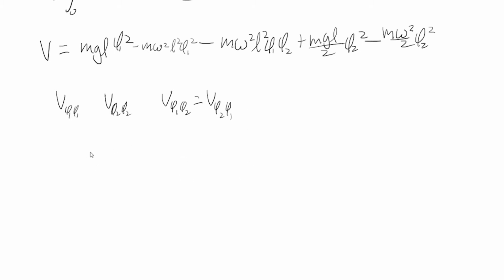So the second derivative test tells us that this squared minus these two multiplied has to be greater than 0 for it to be a local minimum.